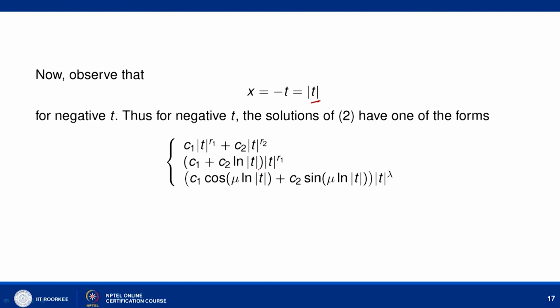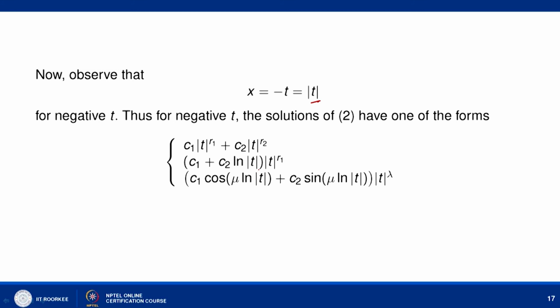When the discriminant is 0 we have (C1 plus C2 ln modulus of t) times modulus of t to the power r1. In the third case we have (C1 cos(mu ln modulus t) plus C2 sin(mu ln modulus t)) times modulus t to the power lambda, where the discriminant is negative.